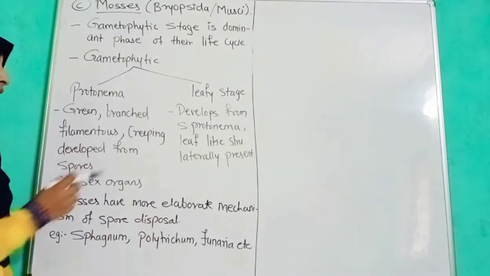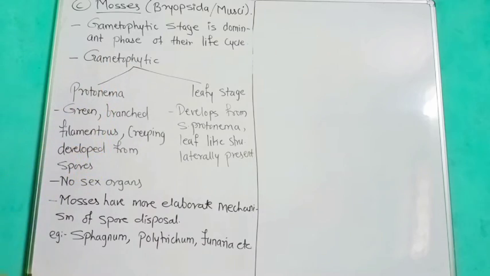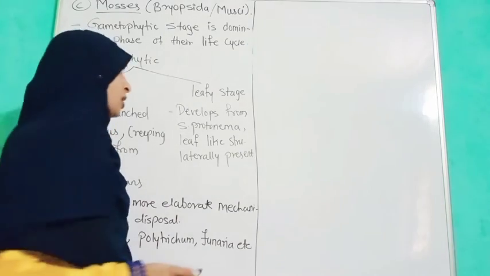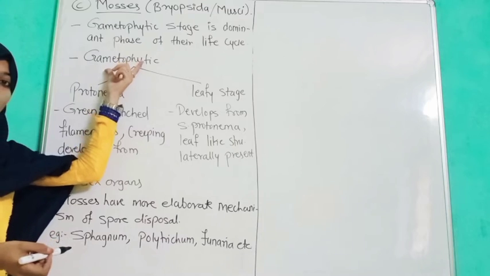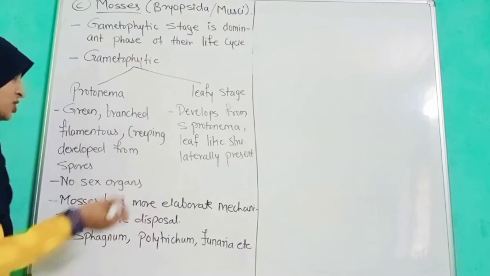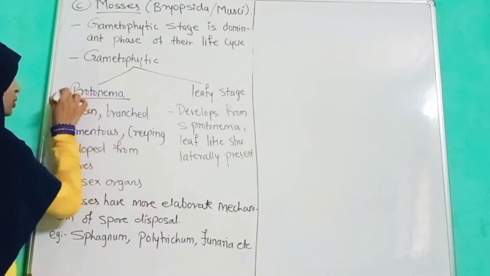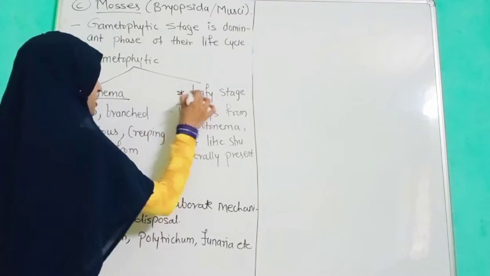They have told that the gametophytic stage is the dominant phase of their life cycle, and it is differentiated into two different stages, that is protonema and leafy stage.